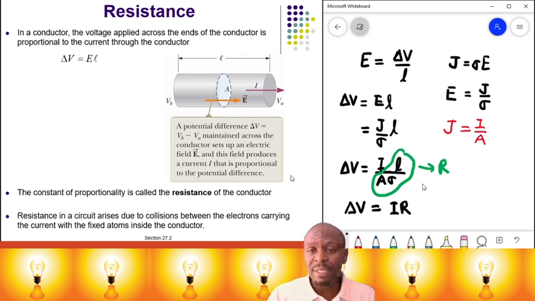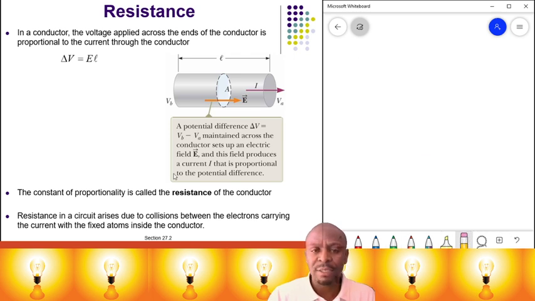Therefore, that means the resistance is equal to L divided by A times sigma. Right. That's what I am just trying to summarize for this slide.